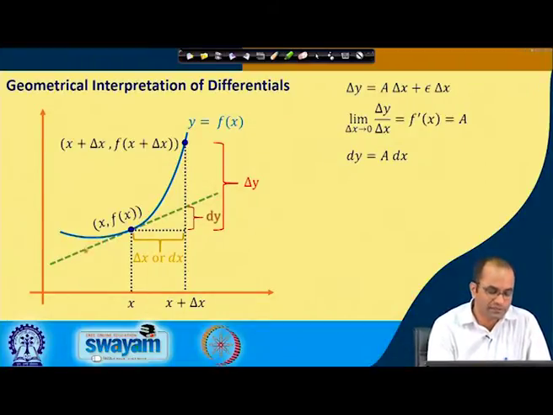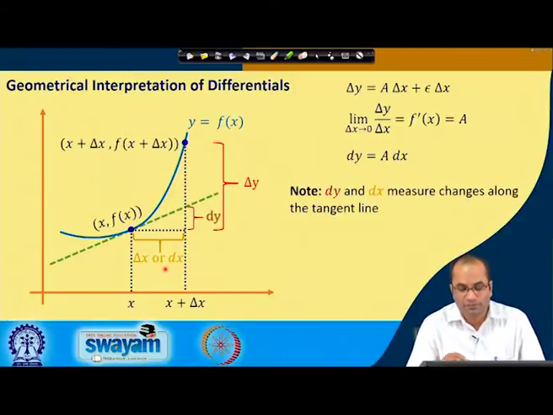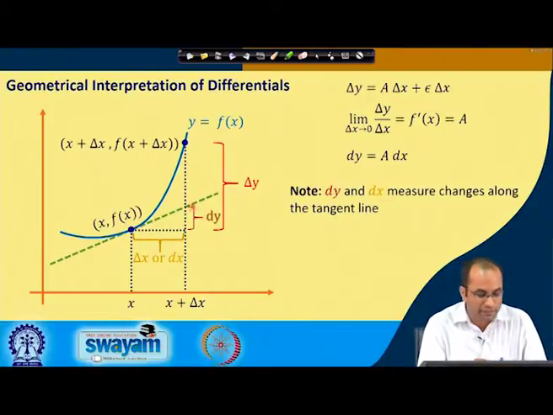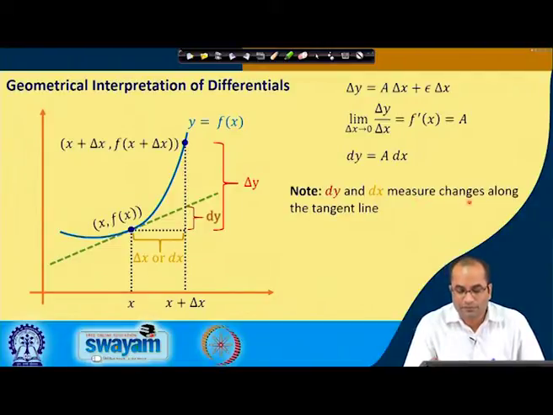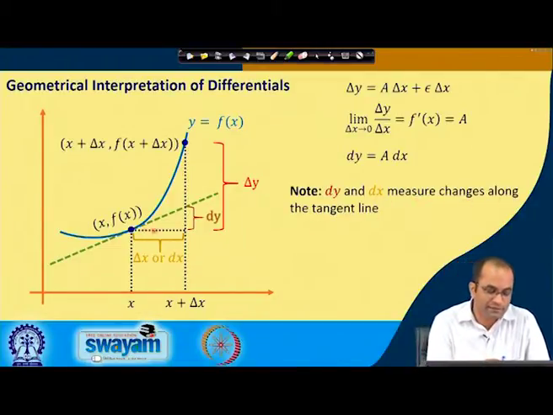So, this is change along the tangent, and this is change along the function itself when we make an increment in x by delta x. So, we have also noted here that dy and dx measure changes along the tangent line.